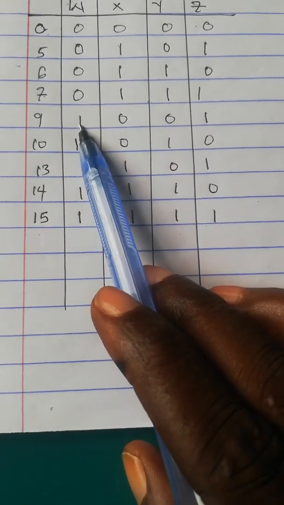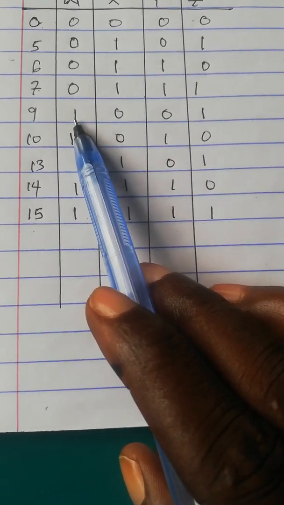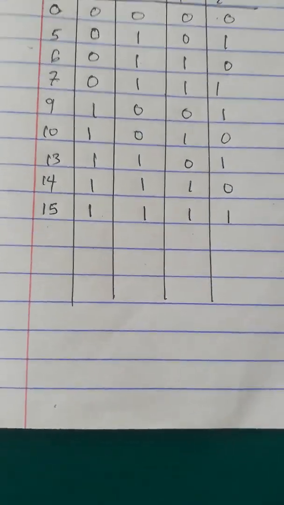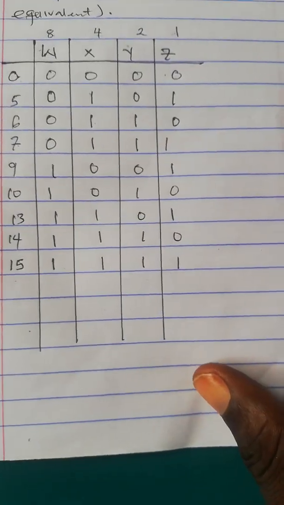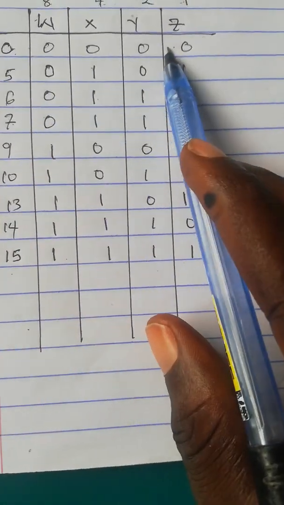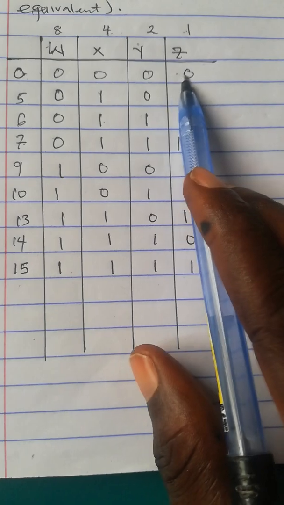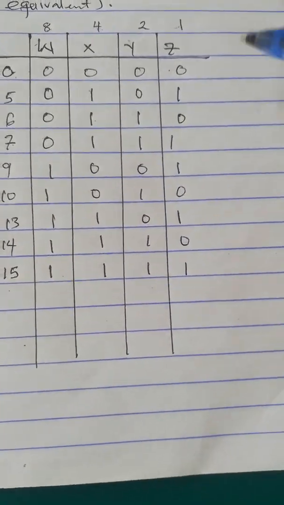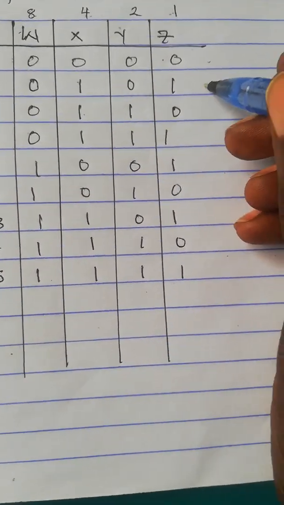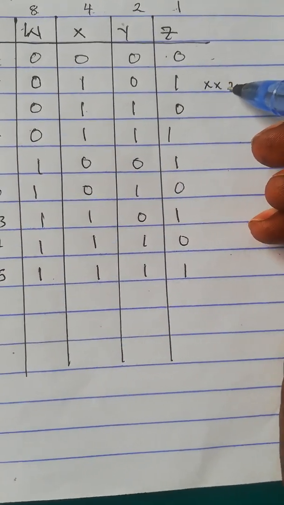Like this 9. How many 1s here? 1, 2. For the first one, do we have any 1 there? No, just leave it like that. Here we have two 1s.